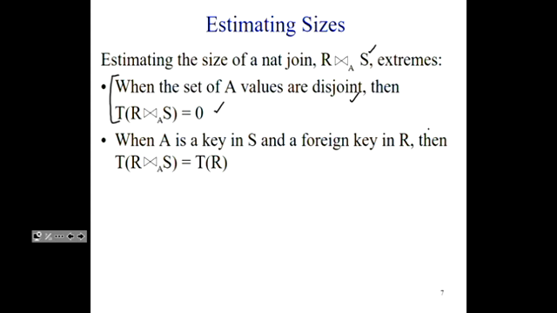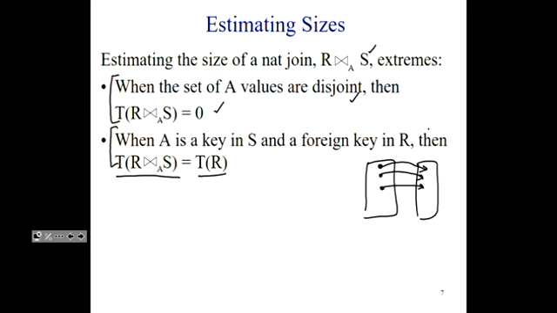Another interesting extreme is when A is a key in one relation and a foreign key in the other. Then T of R joined with S is essentially the same as T of R, because for each tuple in R you point to a single tuple in S. Every tuple in R joins with exactly one tuple, so the size of the join is the number of tuples in R.